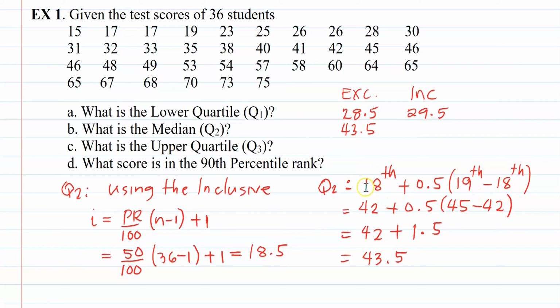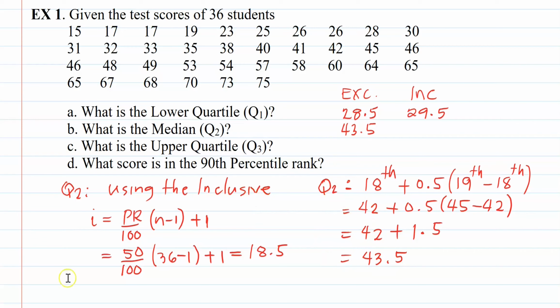And the score on the 18th is 42. So we have 42 plus 0.5 times the score on the 19th, 45 minus 42. And 45 minus 42 is 3. 3 times 0.5 is 1.5 plus 42 is 43.5. Using the inclusive method, our median Q2 is 43.5, which is the same as the Q2 when we use the exclusive method.